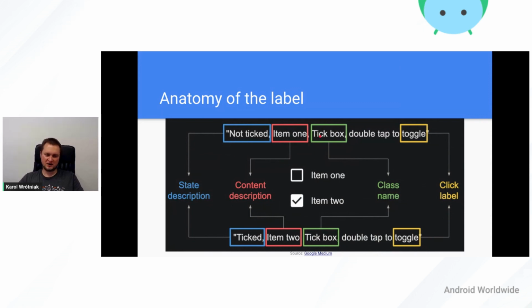Next, we have the class name. This is how it is called in the pre-compose world. Before Compose, we have classes like android.view.Button and so on. In Compose, we don't have classes, but functions. Composables are functions. And you cannot set the class name directly.